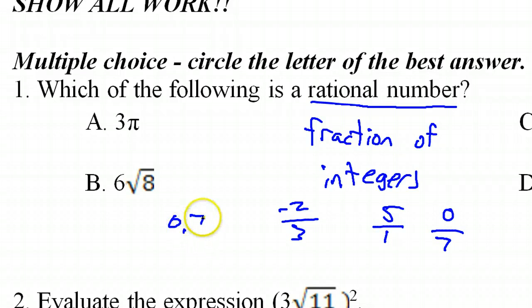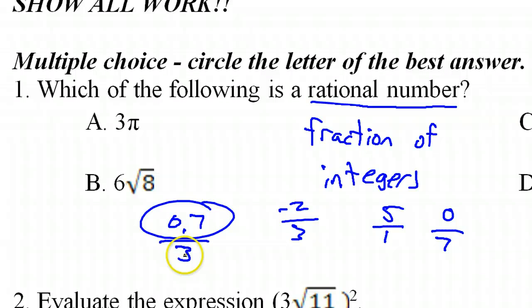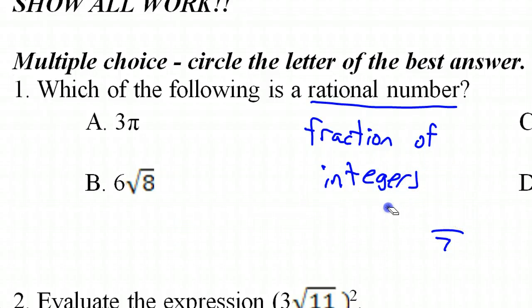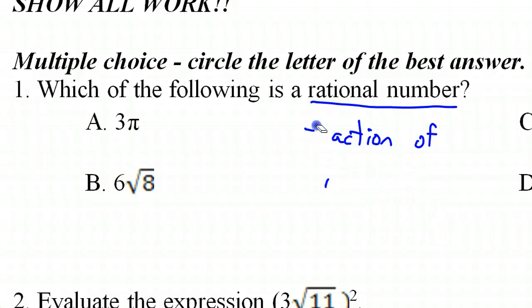Having 0.7/3, this is not an integer, so writing it as a fraction like this doesn't count. However, it's not always obvious at first glance whether or not something can be written as a fraction of integers.